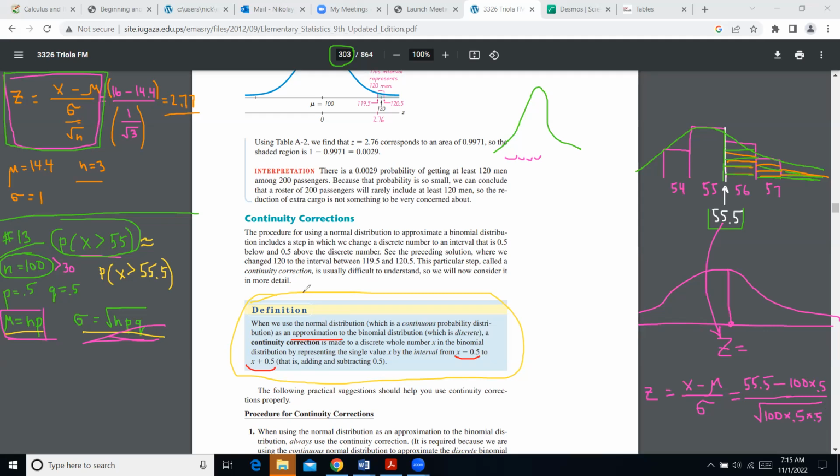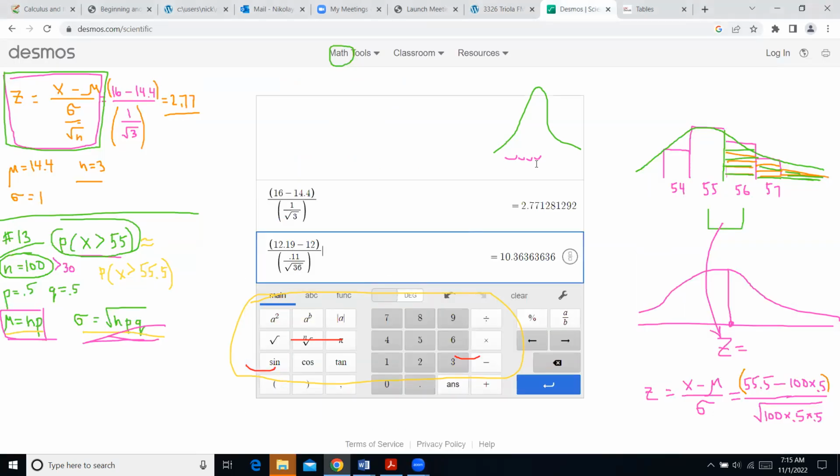And I just need to put all that in my calculator. As usual, I need some parentheses here. You don't have to put parentheses around your denominator because it's going to be just a single square root.